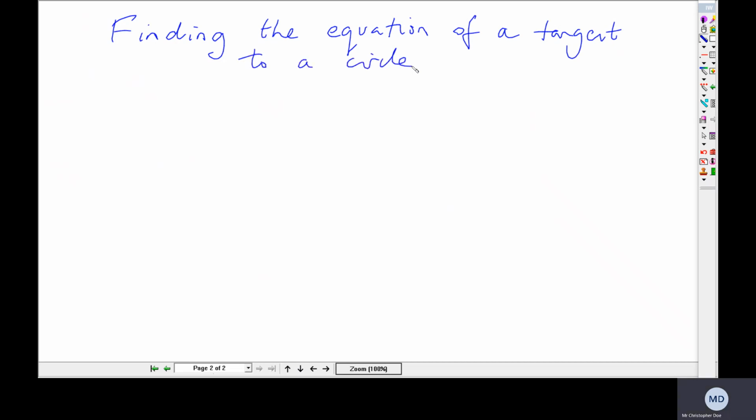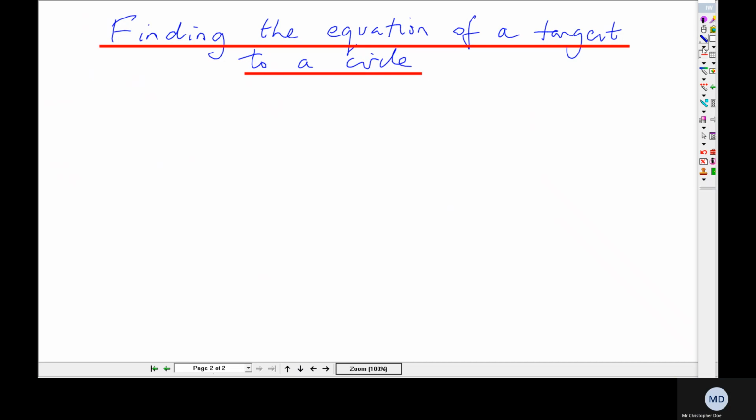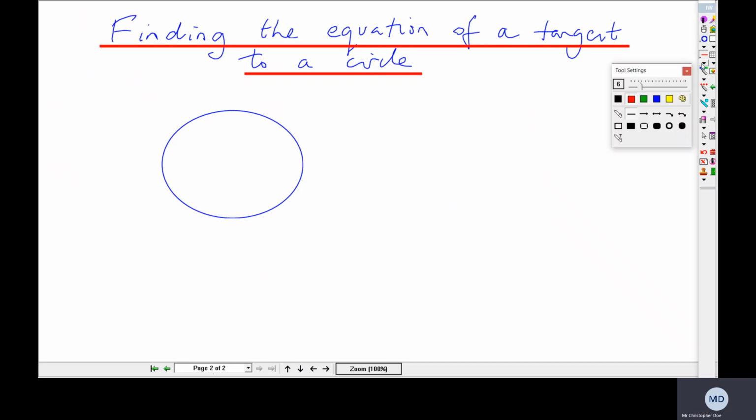And I'll talk you through this one. Okay, so we're going to draw a circle, please, and we're going to mark on our axes.